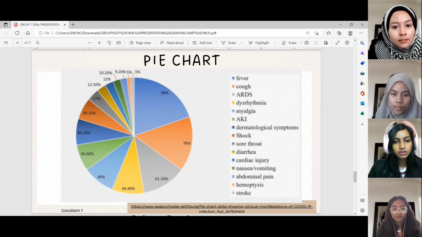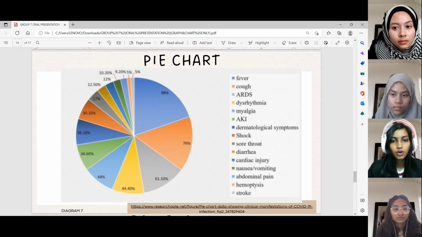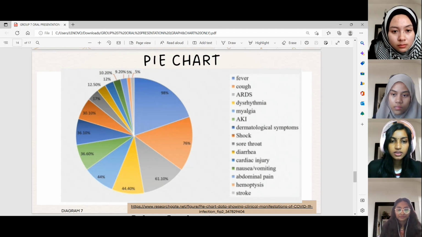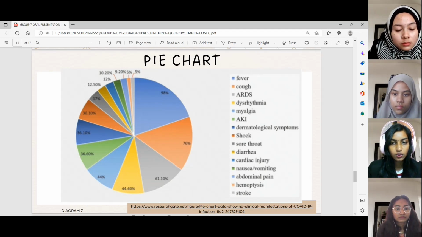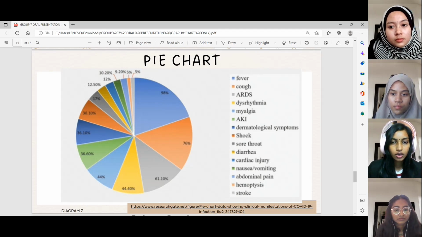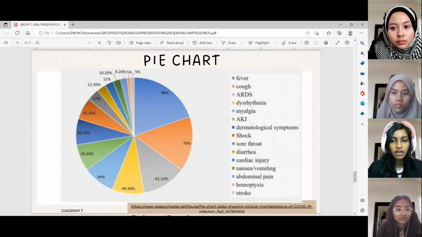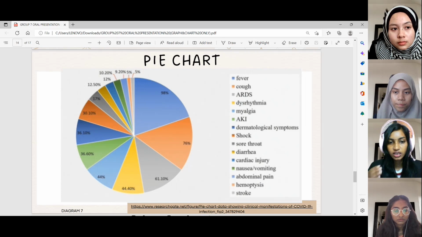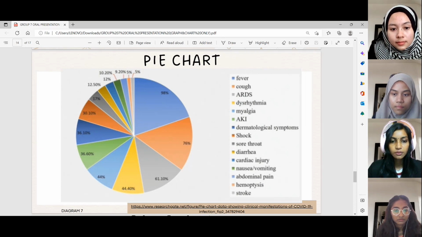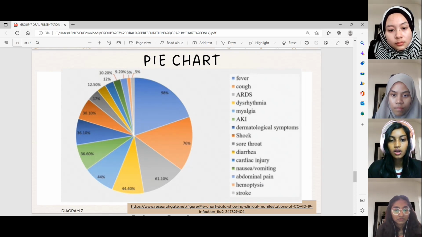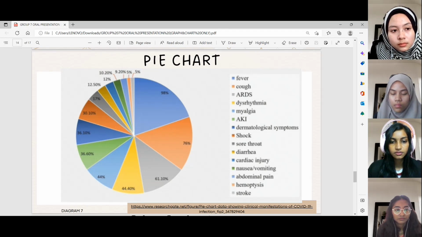As for the summaries, hemoptysis and stroke recorded the lowest percentage at 5%, and 10% of the people were affected by nausea and vomiting. It can be concluded that the majority of people were affected by fever. In conclusion, fever is the most popular clinical manifestation of COVID-19 infection, while hemoptysis and stroke were the least common symptoms.